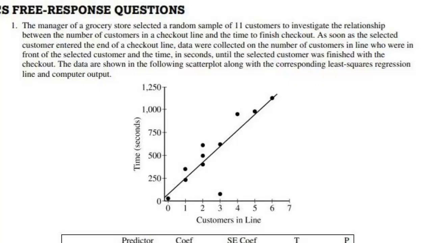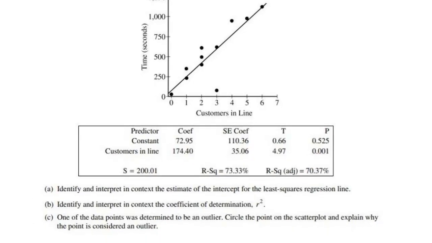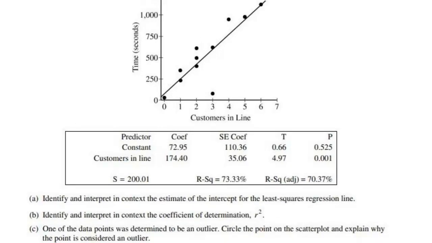You guys okay if I scroll down? You can still see the scatter plot, and then there's A, B, and C down at the bottom.